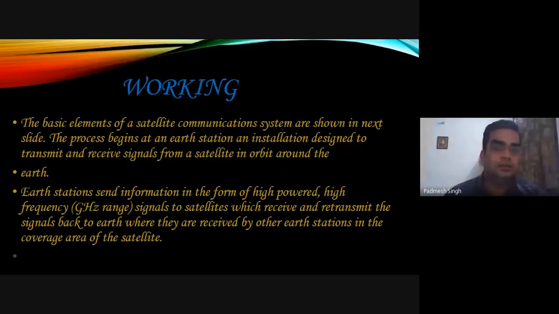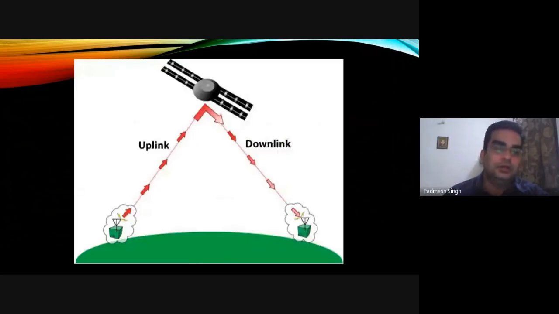Then we know that the earth station sends information with a very high frequency, and the area which is covered on the Earth by the satellite is called the footprint. The process by which we send signals to the satellite through the earth station is called uplinking, and the process by which we receive signals from the satellite is called downlinking.